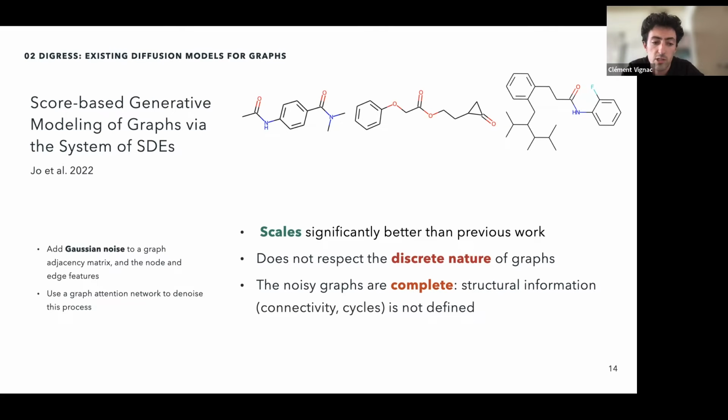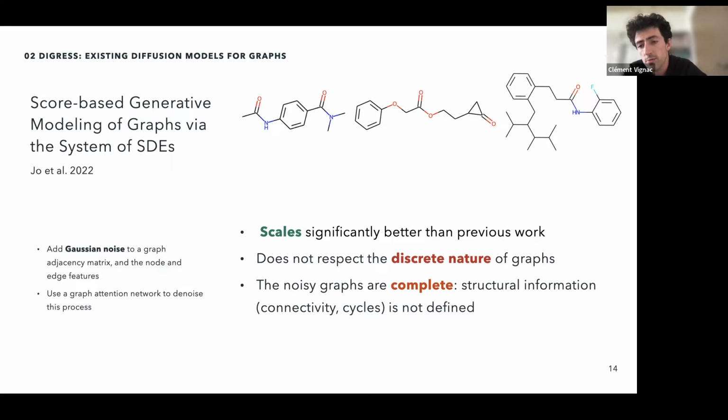They add Gaussian noise to the adjacency matrix and to the features, and they use a graph attention network to do the denoising. This is very natural because, as I said before, most of the works on diffusion models use Gaussian noise. In terms of performance, it scaled significantly better than, for example, what I had done in the past. They managed to generate good graphs on the database. You have 3 examples here.